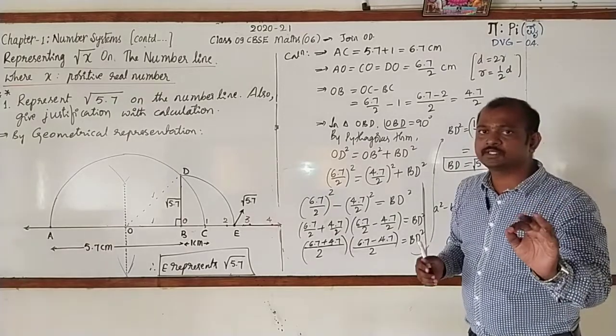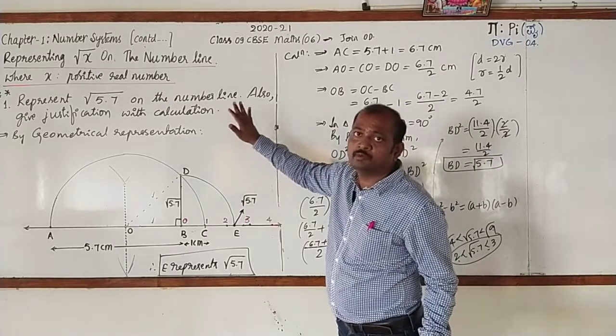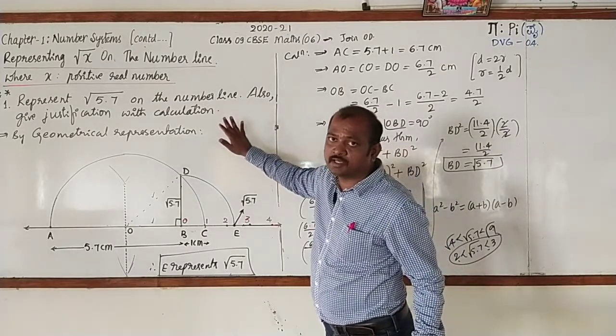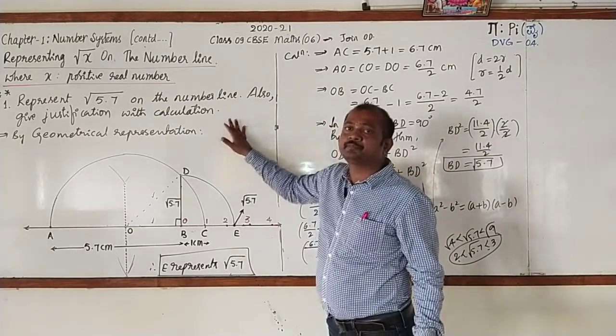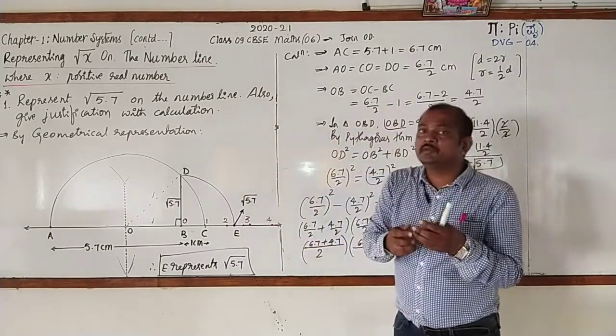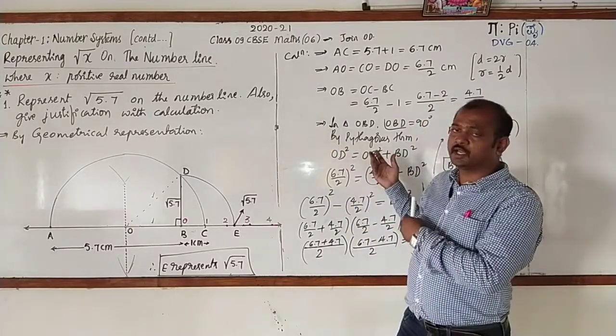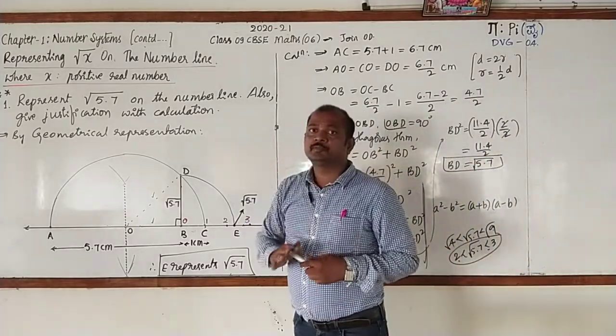In your school exam, 100% this type representation will be asked in the examination. Okay? And if you want to practice, you can pause the video and you can go for listening again and again. Okay, anyway.